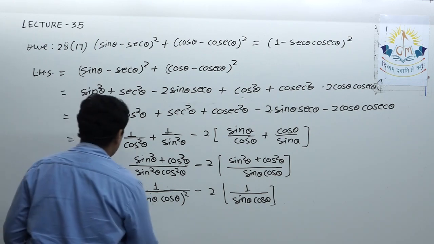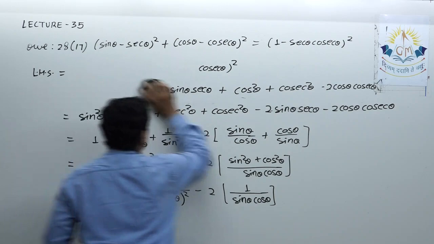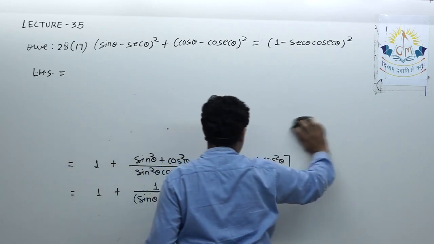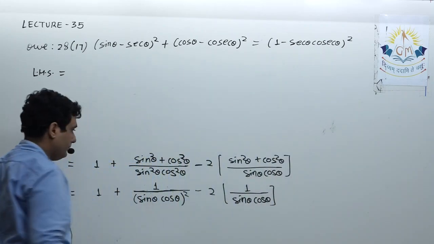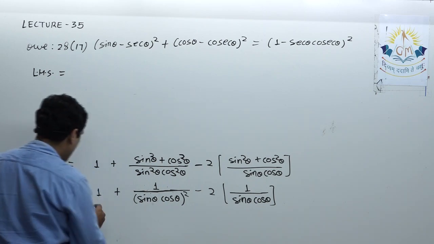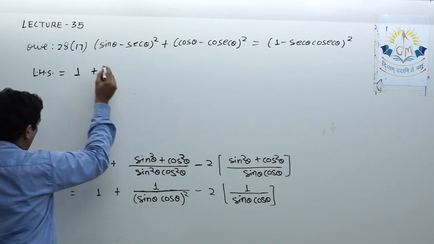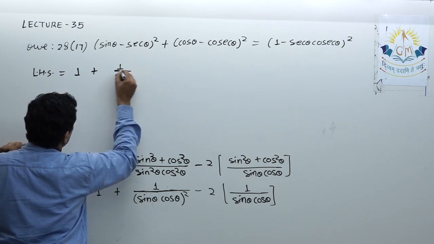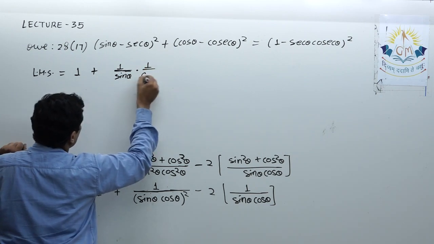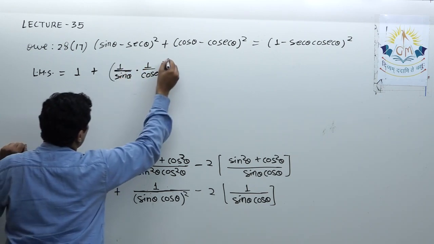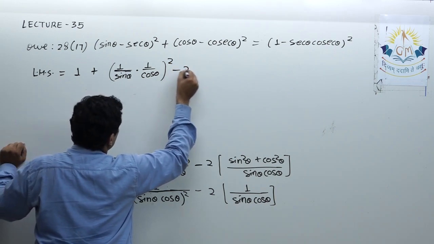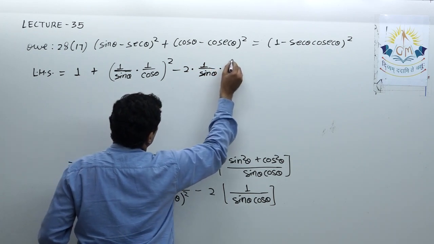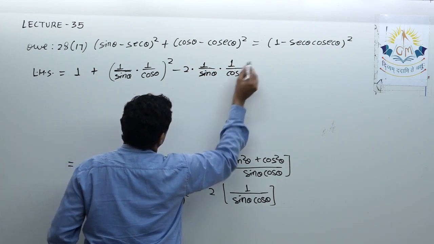Okay, let us see how to solve it further. I am rewriting this. This is 1 plus, here I can write 1 upon sine theta into 1 upon cos theta, whole square, minus 2 into 1 upon sine theta into 1 upon cos theta.